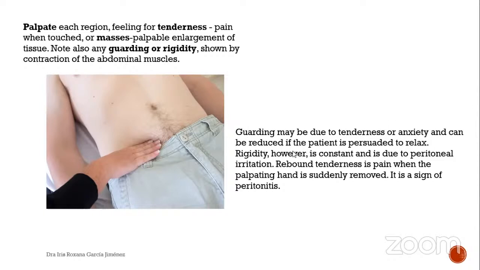Rigidity, however, is constant and is due to peritoneal irritation. Rebound tenderness is pain when the palpating hand is suddenly removed. It is a sign of peritonitis. We all know about it. Just checking how to describe it.